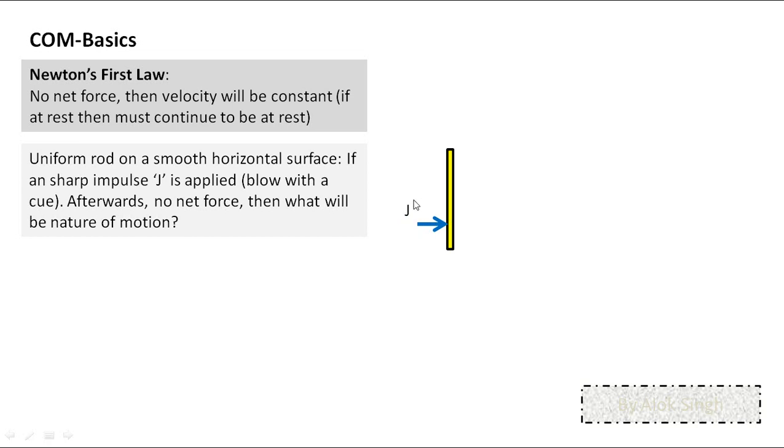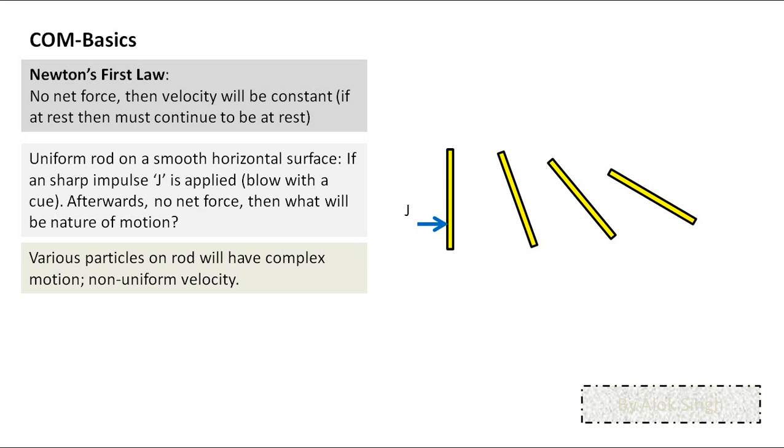After this contact period is over, after the impulse is applied, there is no force acting on the rod. So afterwards, no net force. Then what will be the nature of motion? If you observe this rod, its motion may appear something like this at 3 equal time intervals. If we look at the motion of various particles on the rod, they have complex motion and hence non-uniform velocity.